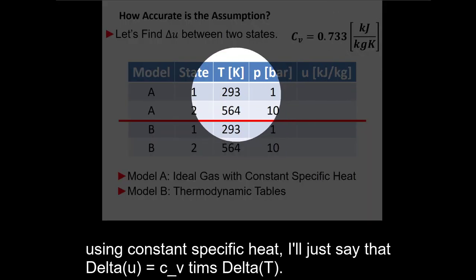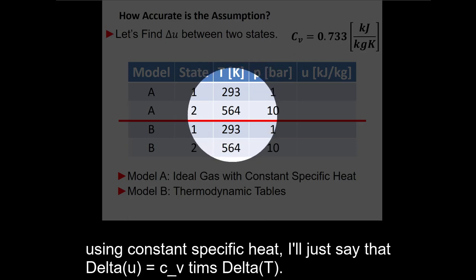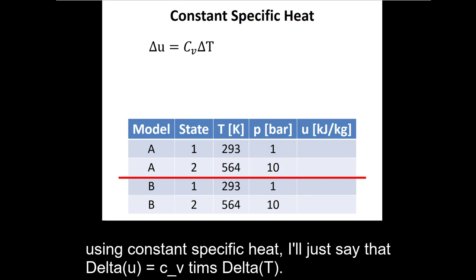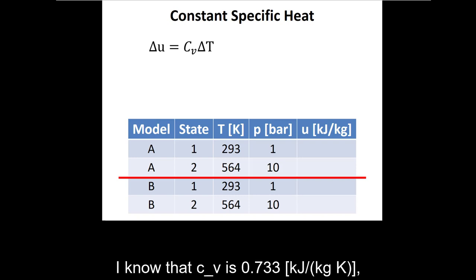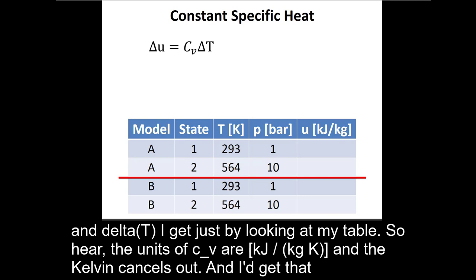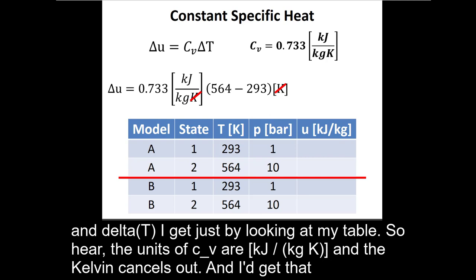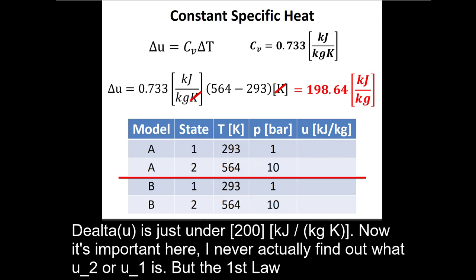So, using constant specific heat, delta U is equal to Cv times delta T. I know that Cv is 0.733, and delta T I get just by looking at my table. The units of Cv are kilojoules per kilogram Kelvin. The Kelvin cancel out, and I get that delta U is just under 100 kilojoules per kilogram.